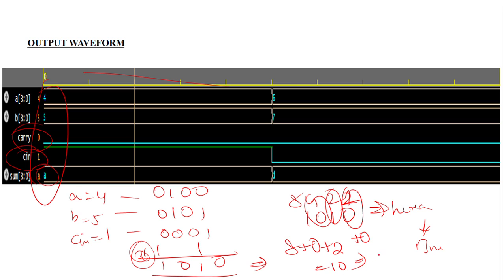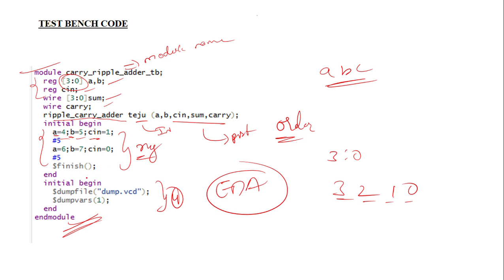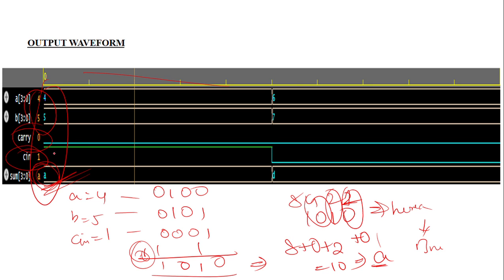In decimal 10, and in hexadecimal you can simply represent it by A. Here it can be represented in hexadecimal format. Just remember, if you don't mention anything like 4'b0001 or 3'h, without mentioning any particular base, it by default takes it as a hexadecimal number. That's why it will be considered like this.